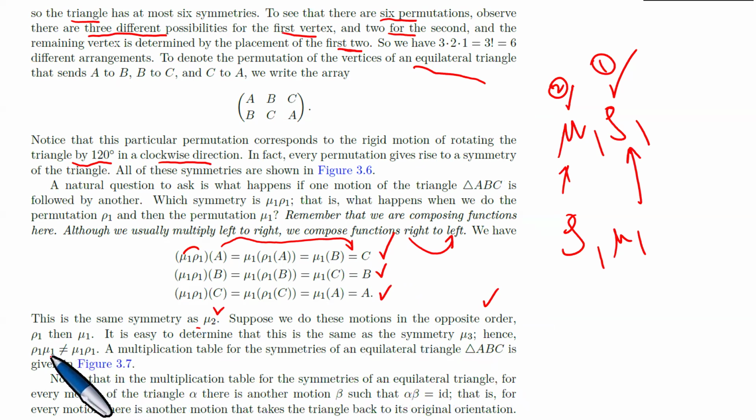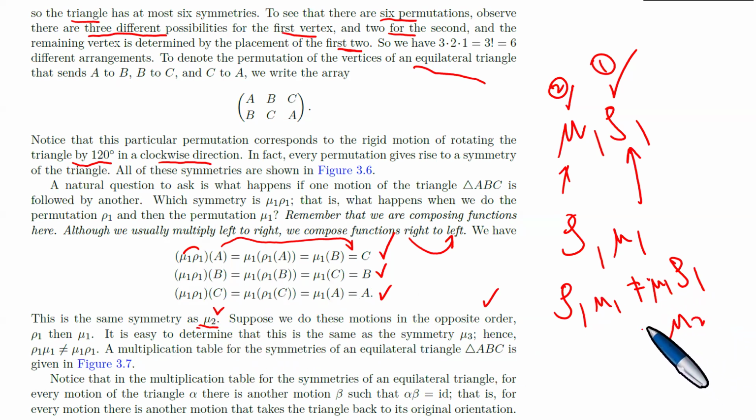Hence, we see that doing row 1, mu1 is different from doing mu1 row 1. Because mu1 row 1 is mu2.